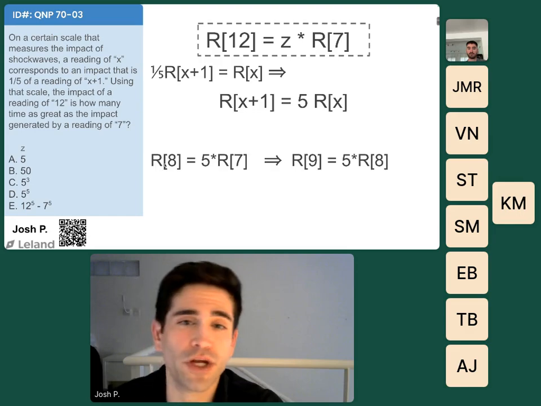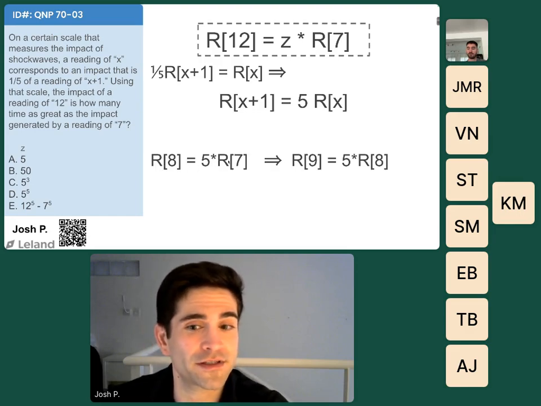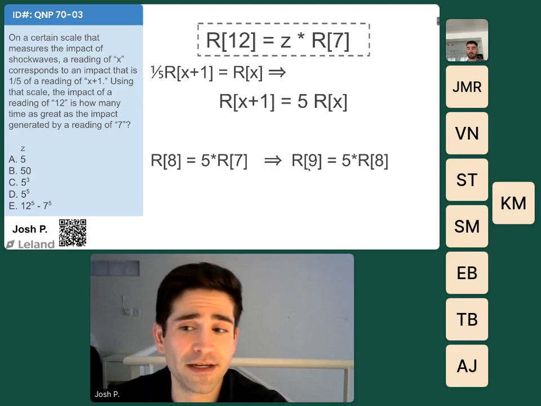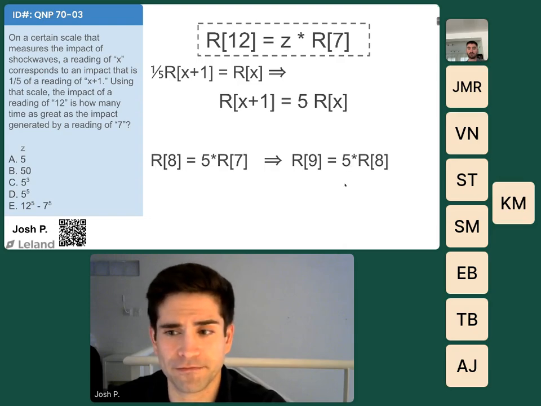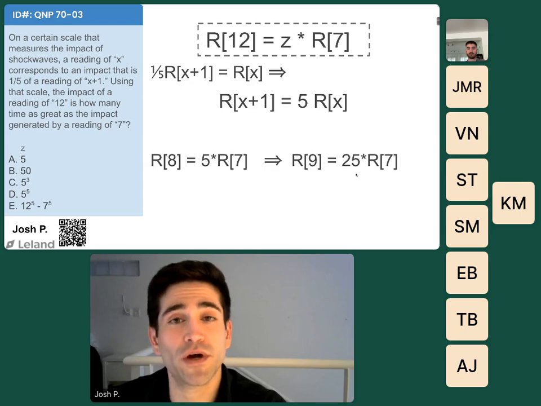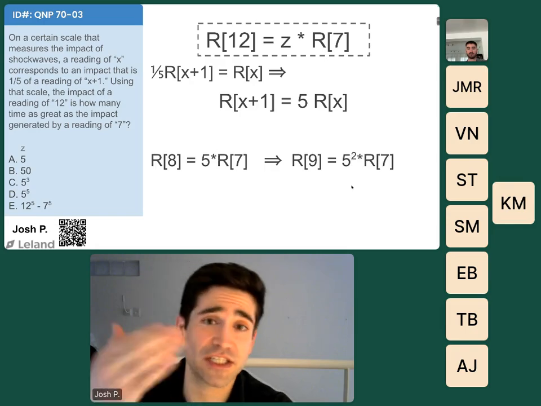So essentially, we know that a reading of 8 is equal to 5 times a reading of 7, which means that a reading of 9 is equivalent to 5 times a reading of 8. We know that a reading of 8 is 5 times a reading of 7. So a reading of 9 is essentially 25 times a reading of 7, which is essentially 5 squared.